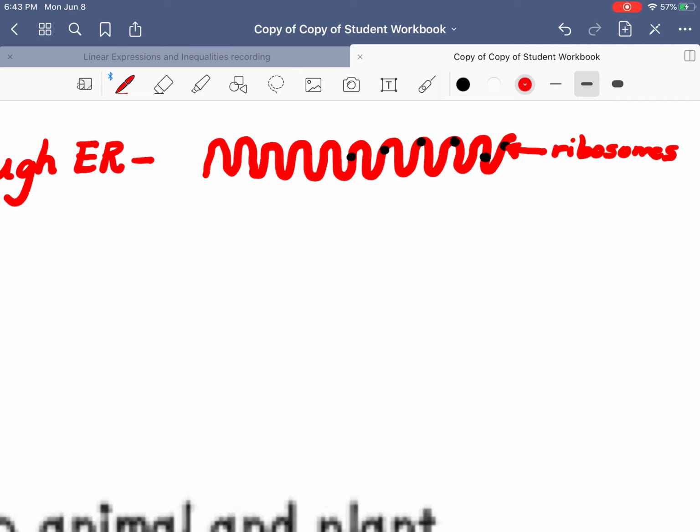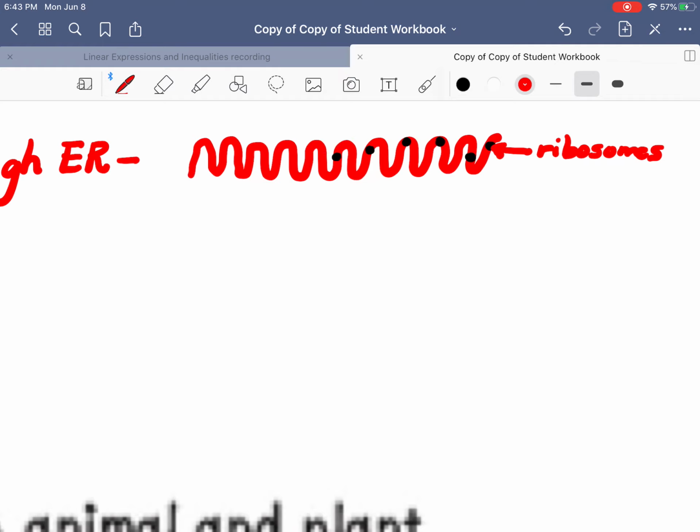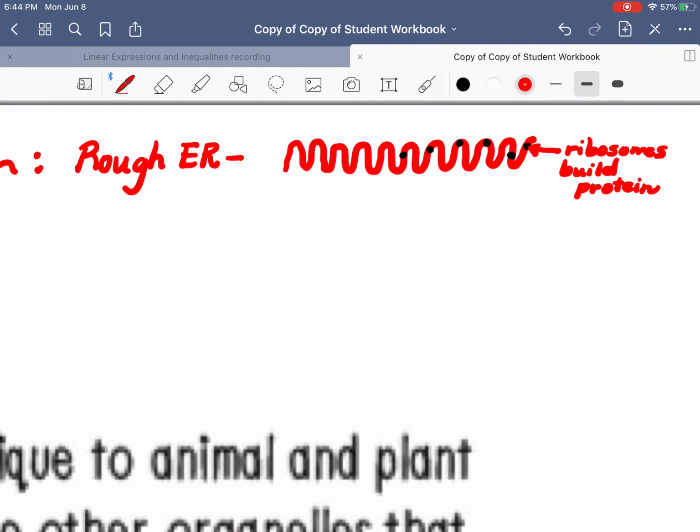I'm about to define it for you right here. Ribosomes build protein. Your body is made of protein. It's put together with protein. So those little dots build protein. And that's the purpose of the rough endoplasmic reticulum.